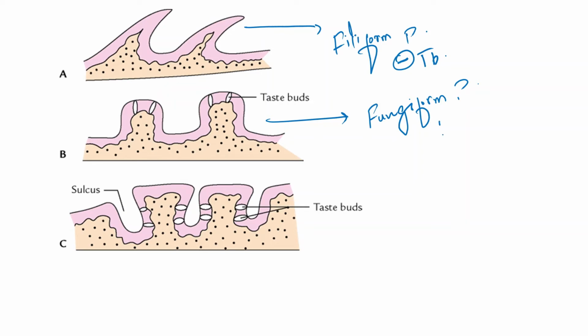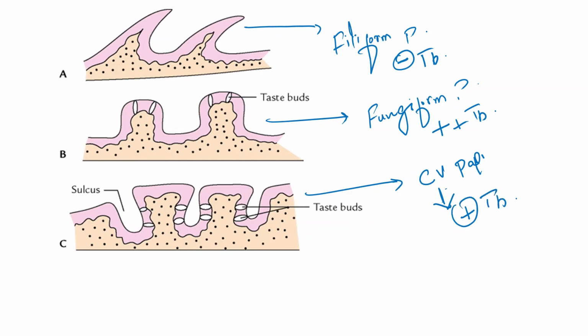The fungiform papillae contain the taste buds, and the largest of all is the circumvallate papillae. The circumvallate papillae also contain taste buds along their sides.